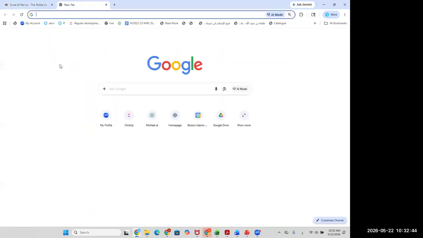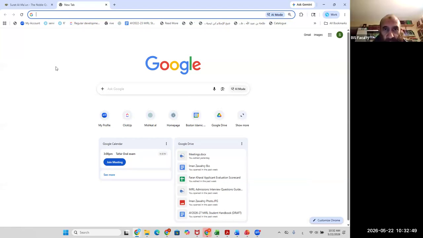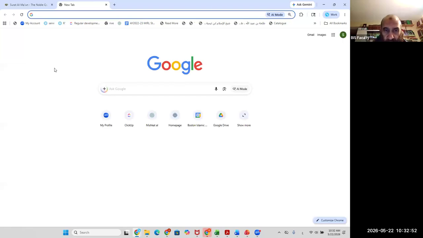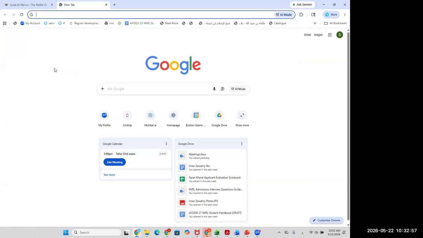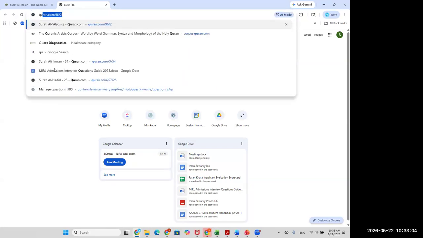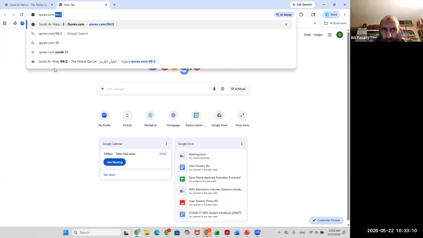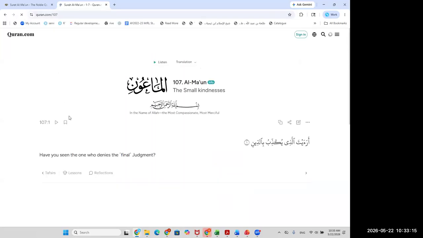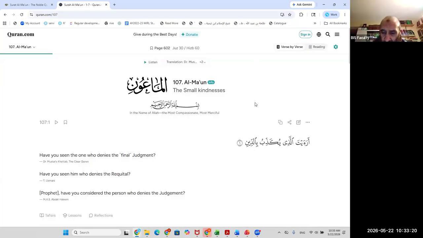Let's see if anyone translated it as religion. This is 107. And also the word yadu'ul, the shadda on the ayn, if it were not in the Quran, would it be written differently? No, usually it would be written with the shadda.